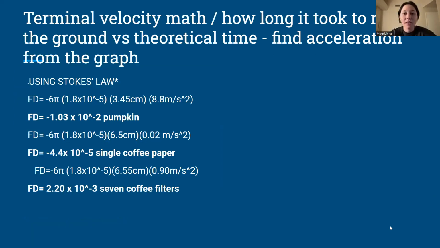For the math for the trials we did, we used Stokes' law, which is FD, essentially air drag, and that is minus 6 pi times 1.8 times 10 to the negative 5 times the radius times the velocity.